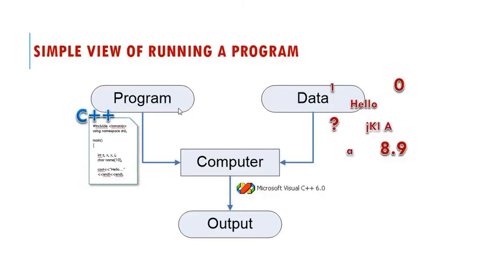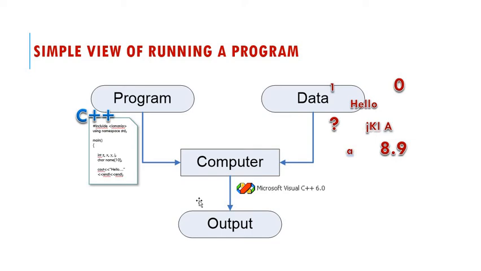This slide shows a simple view of running a program. For example, you have a C++ program and you want to run it, so you need a computer. Then of course you need data input from the user. Let's say the user keys in the data by using the keyboard.